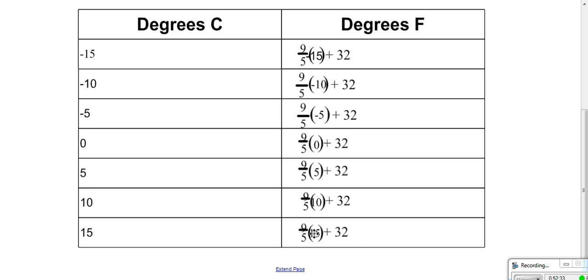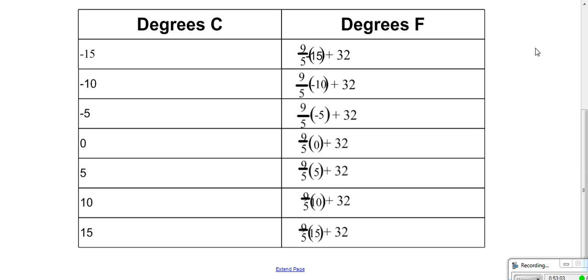I'm not going to do all of these answers with you, but I'm just going to tell you that you have a calculator for this. If you put 9 over 5 in the calculator, it comes out to be 1.8. So if you do 1.8 times negative 15, or you could put 9 over 5 in parentheses times negative 15 plus 32.